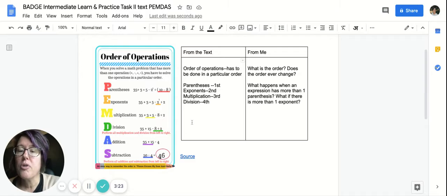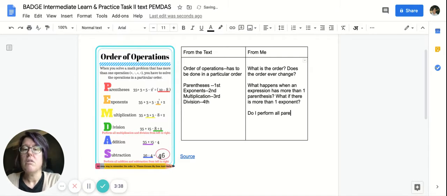It says here, perform all multiplication and division from left to right. Okay, well, that's helpful. That makes me think, do I perform all parentheses and exponents from left to right as well?